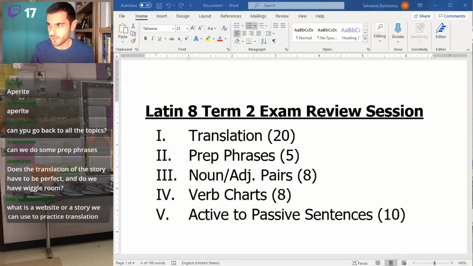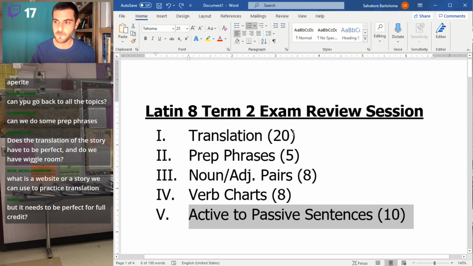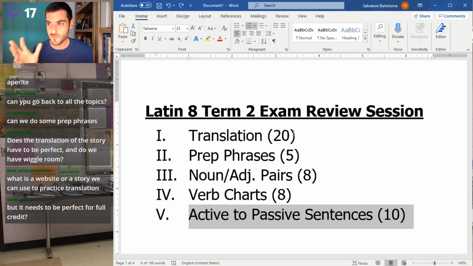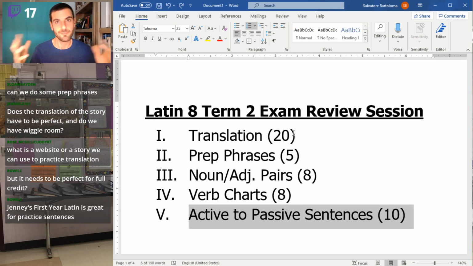Former students have heard me say this many times, so pardon the repetition, but perfect isn't required; it needs to be a good, solid effort. Obviously, if you're going to get full credit, your translation should match up with the Latin sentence. The tenses should be correct, and the subject, the direct object, the ablative agent, all of those things should be in the right spot. If it's 4 points, you might get a 3.5 if something is out of place.